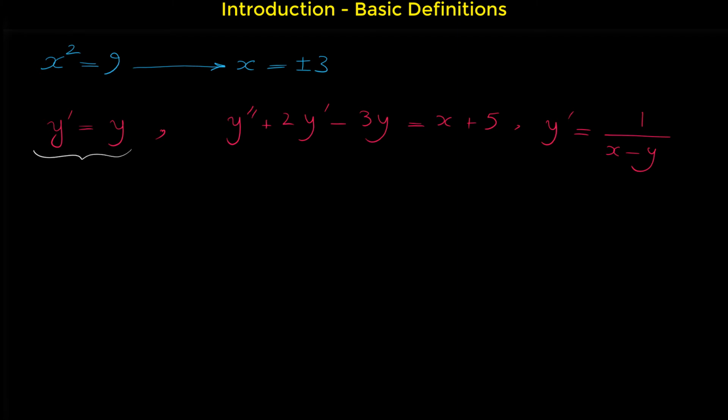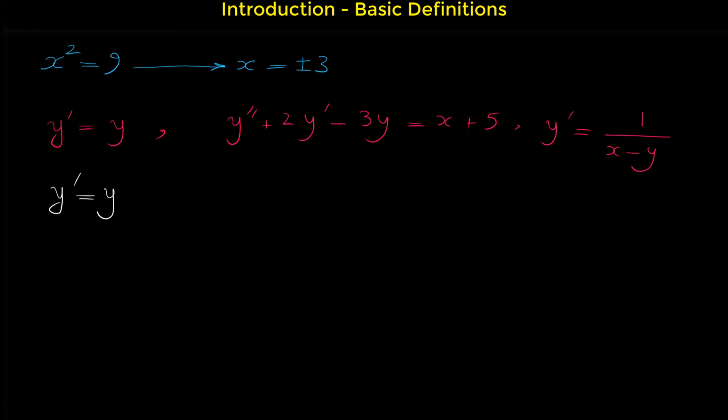For this simple differential equation, let's see if we can guess the solution. Here we are looking for a function whose derivative equals the same function. So we have to guess a function whose derivative equals itself.